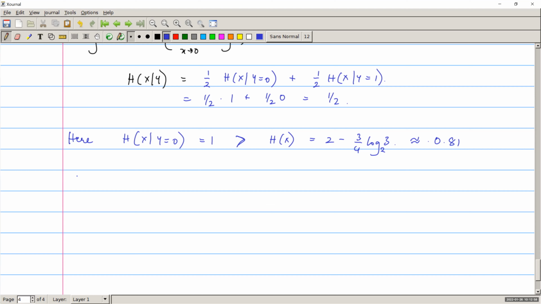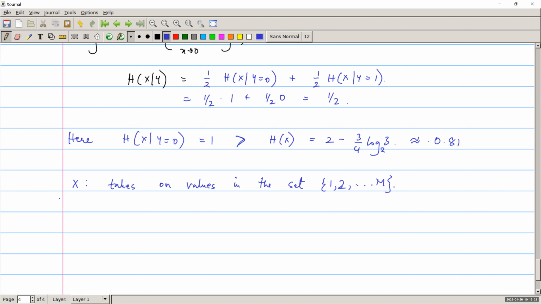So if I have a random variable x and x takes on values in the set 1, 2, 3 to n, suppose I have a random variable x which takes on values in a set of size n.